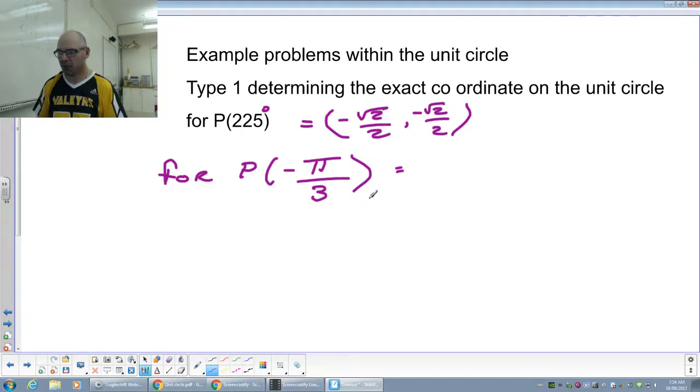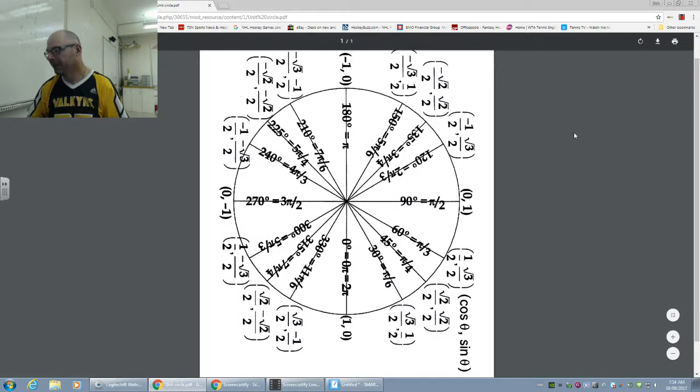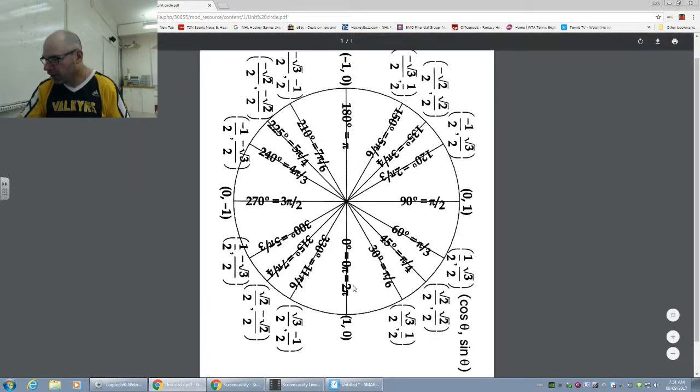Okay, so let's go on to our unit circle. Pi over 3 is right here, 60 degrees, but it's negative, so we have to go negative 60 degrees. That means we have to go down on the unit circle.